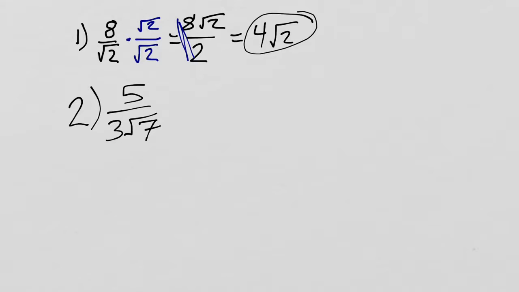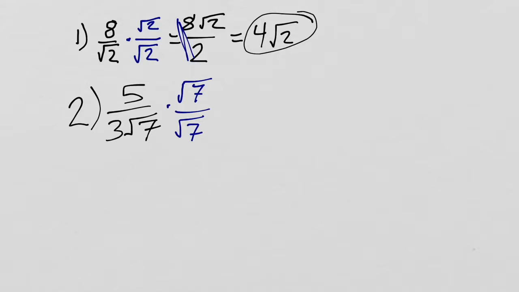It turns out we're not going to multiply both the top and the bottom by 3 square root of 7. We can just multiply by the radical part of it. So we're going to multiply the top and the bottom just by the square root of 7.